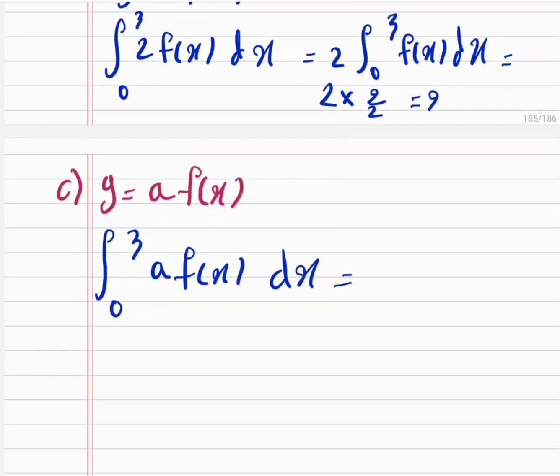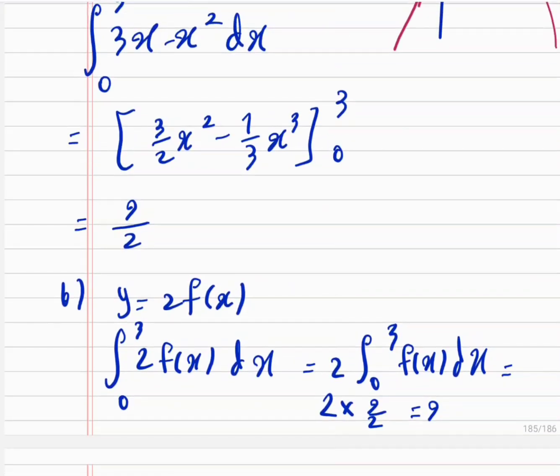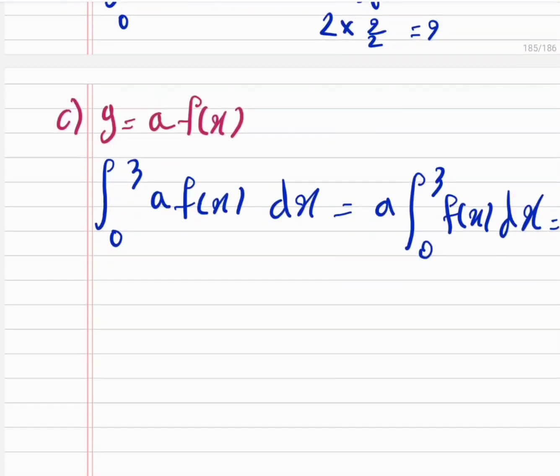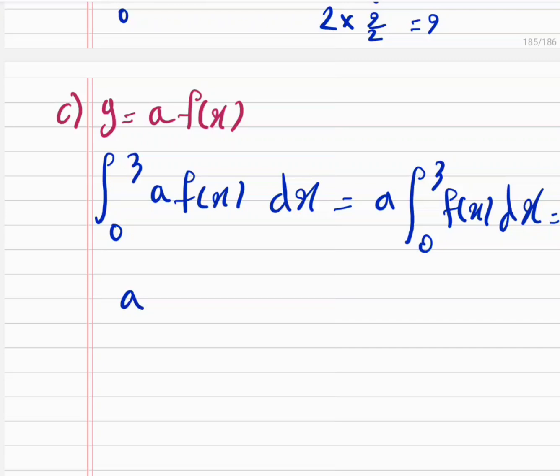Since a is a constant, we can take it out and we'll have the integral of f of x dx. And again, we know that the integral of f of x between 0 and 3 in this case is 9/2. So it just becomes a, which is any constant, times 9/2, which means for any constant, if you have the curve in this form, the area is going to be 9a/2.